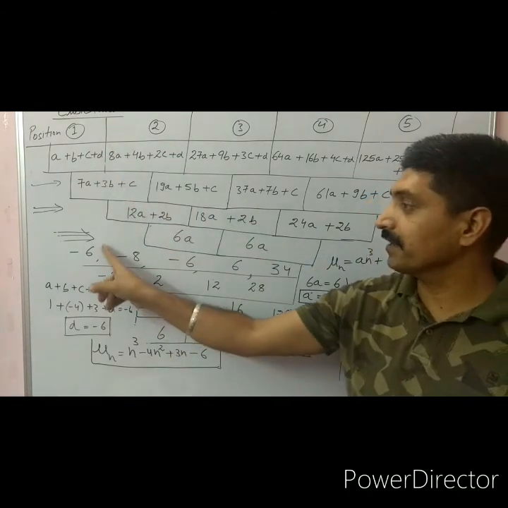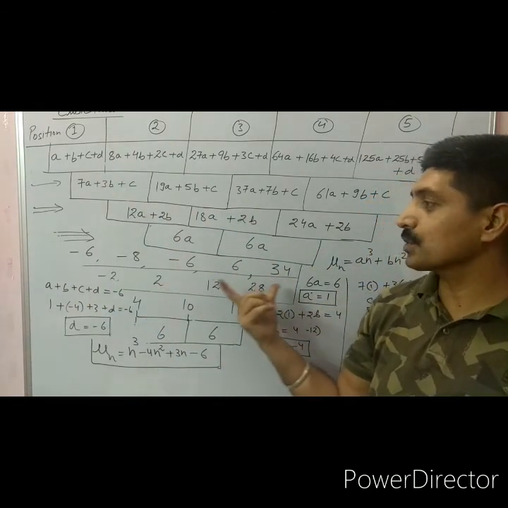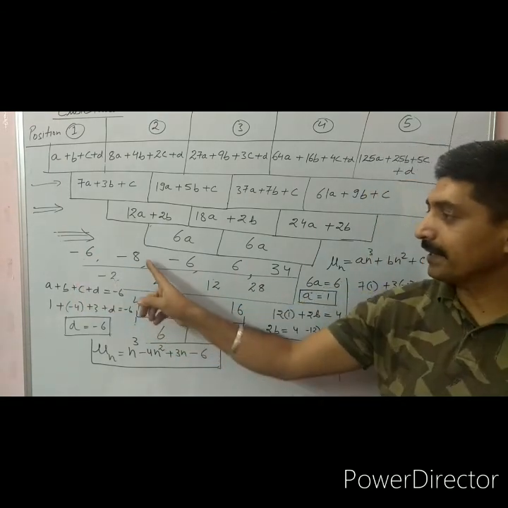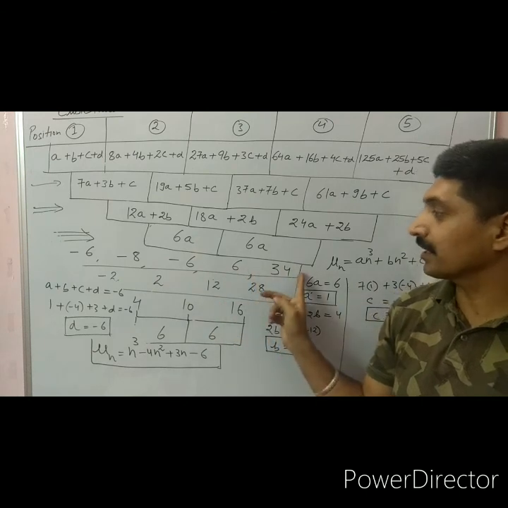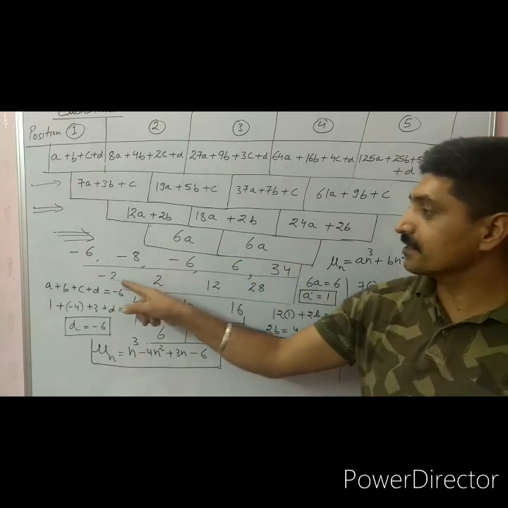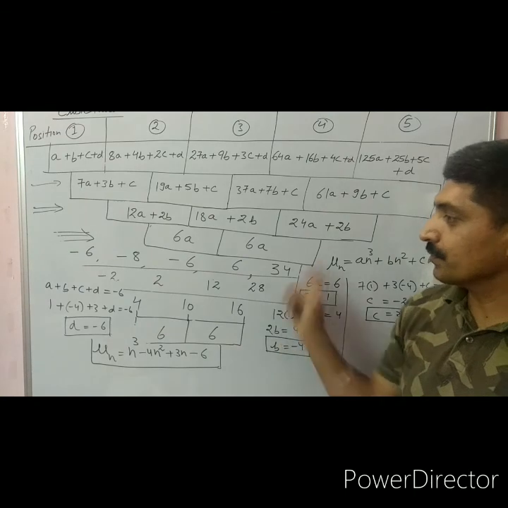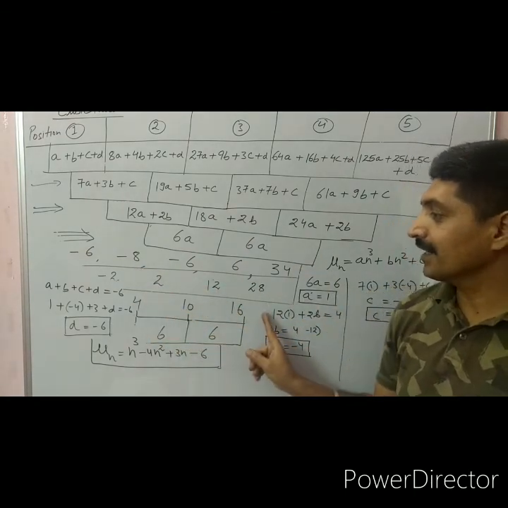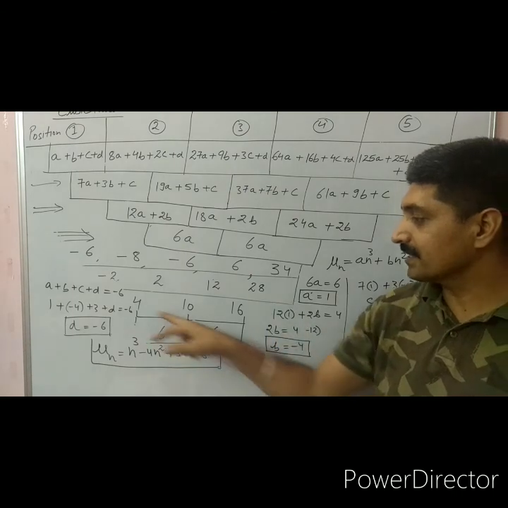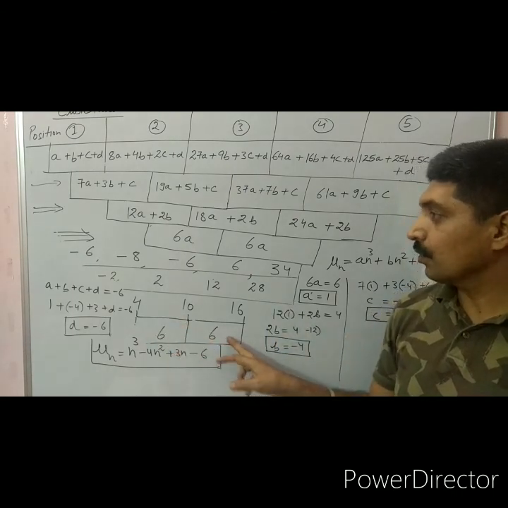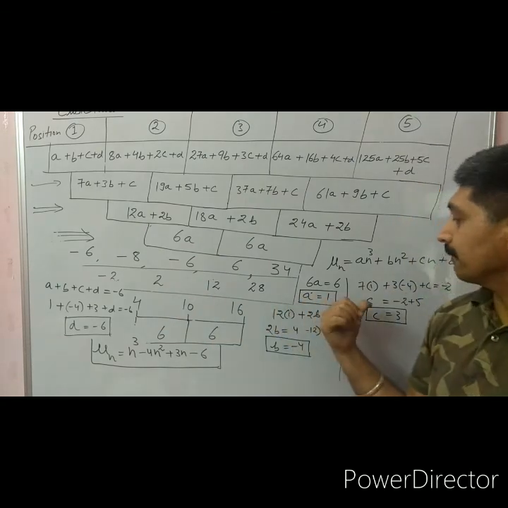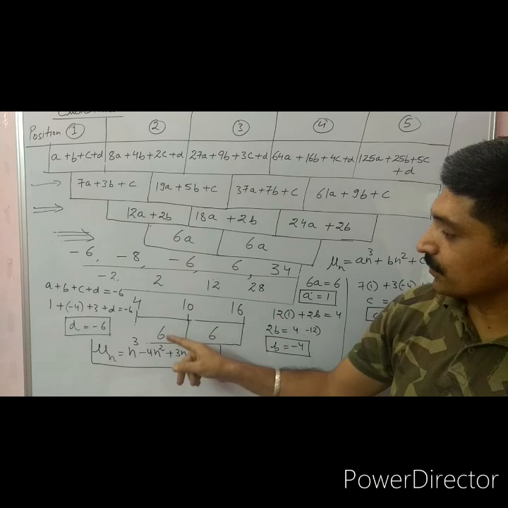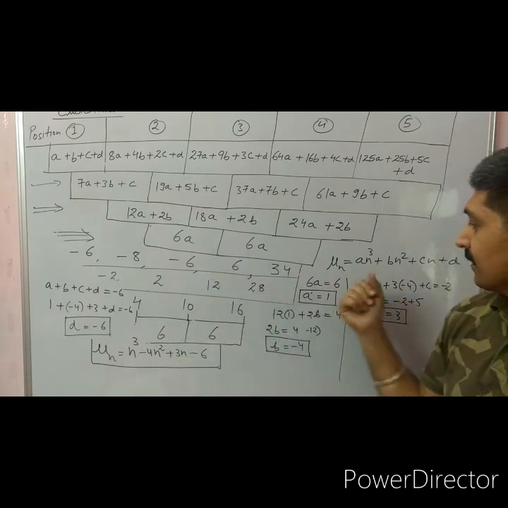So whenever we have a complex sequence, in which, here we have taken the example minus 6, minus 8, minus 6, 6 and 34, the first difference is not the same. So we go for the second difference, that is 4, 10, 16, and the third difference is 6 and 6. By comparing the values from the table, first 6a is equal to 6, so the value of a is 1.